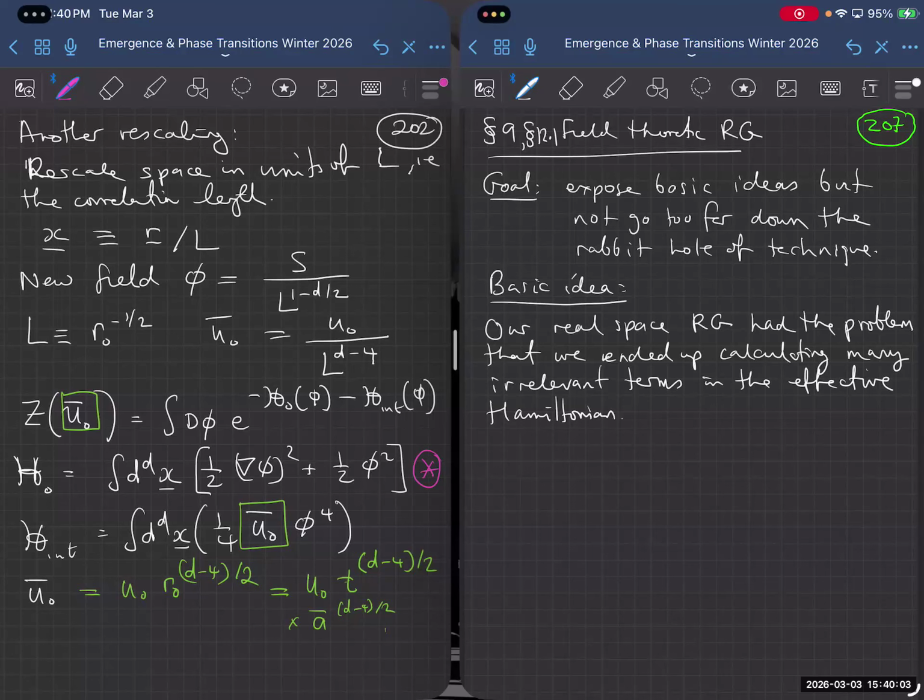And so what we would like to have is a more streamlined way to get the results.